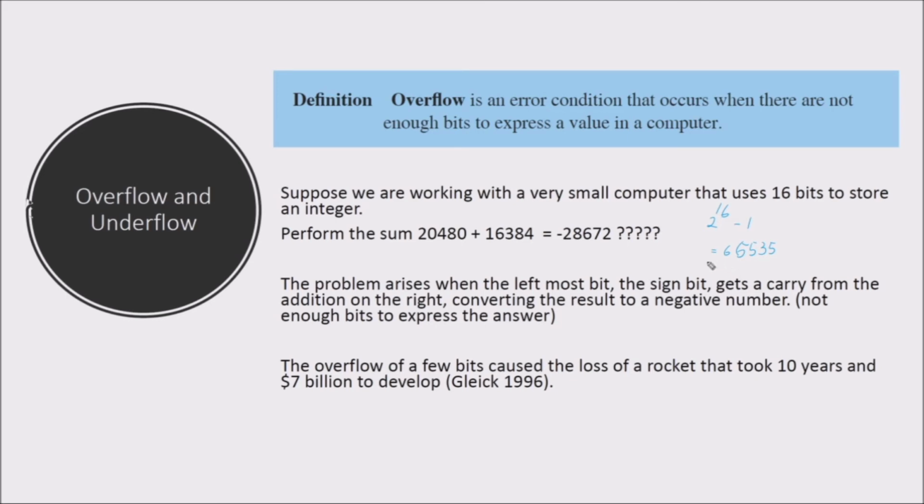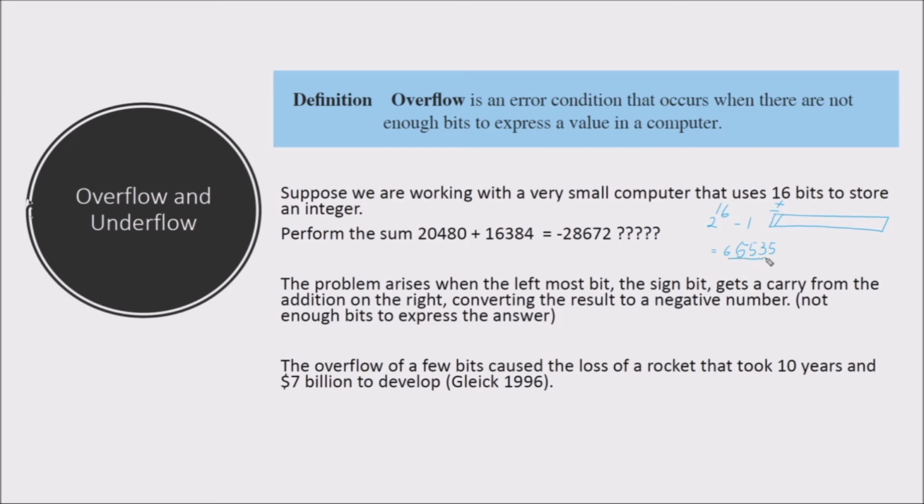This means I have a 16-bit machine. Actually, I'm taking it back. If it is a signed number, this first digit right here will represent plus or minus, so it's not going to be this number.